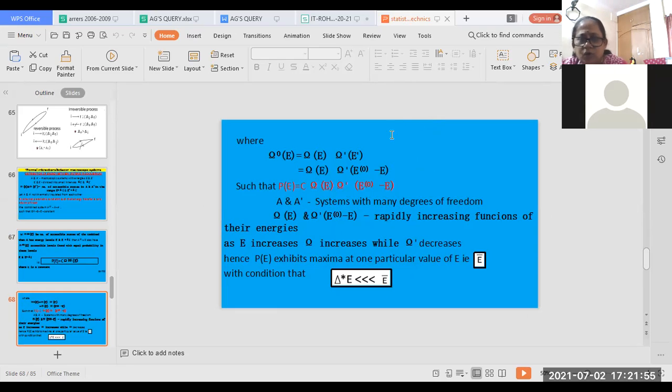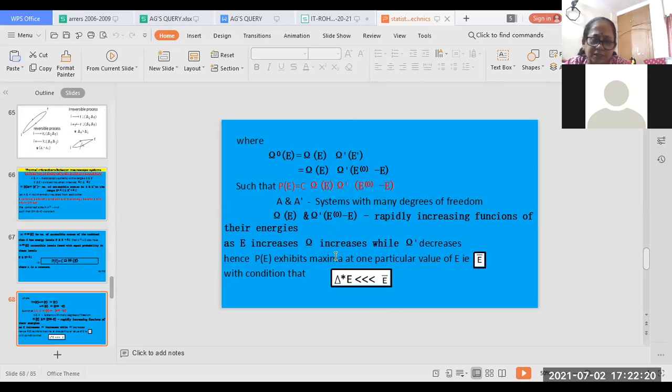Both A and A dash have many degrees of freedom, and omega E and omega dash are both rapidly changing functions, because as energy changes, the omega value changes. Now I will put one condition.